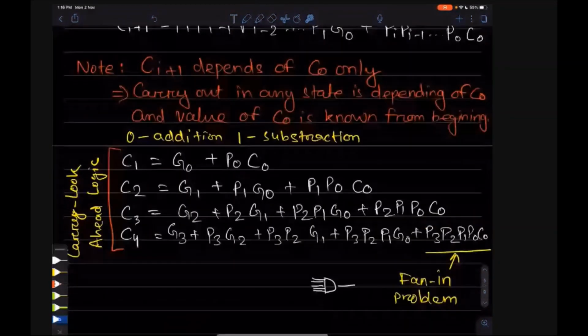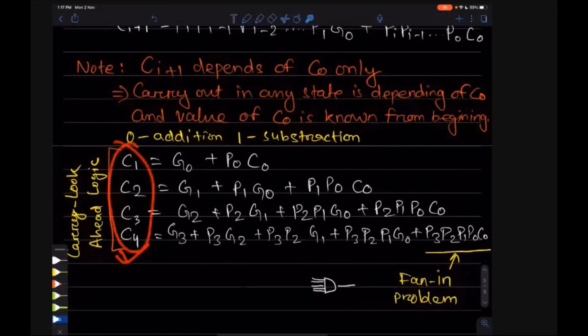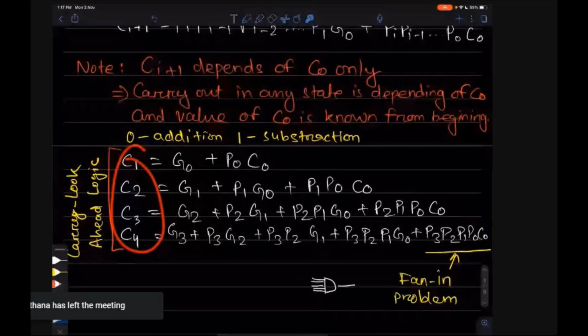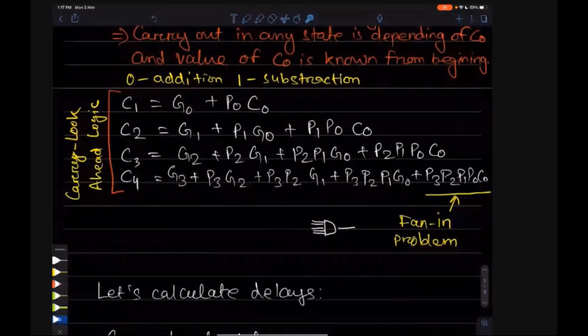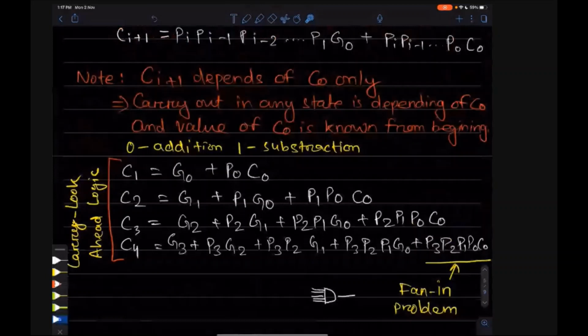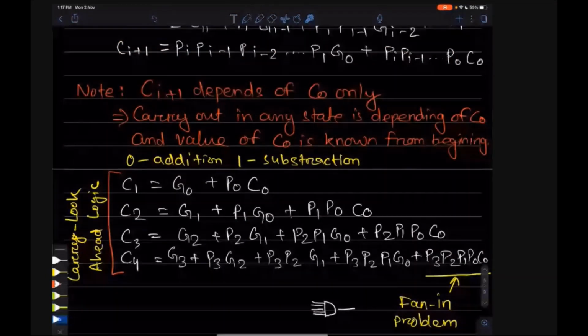This is just a 4-bit addition. 4-bit addition is generating 4 carries. So in 4 carries there are already 5 inputs for this AND gate. We will not increase more. So what is the solution to add 64 bits?